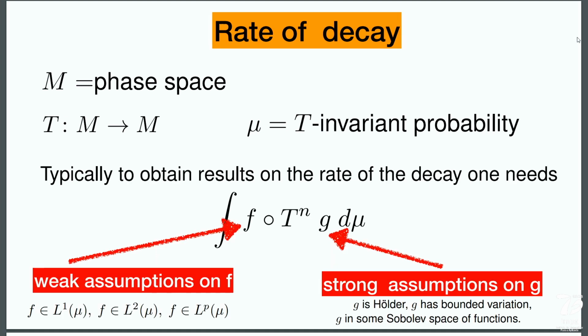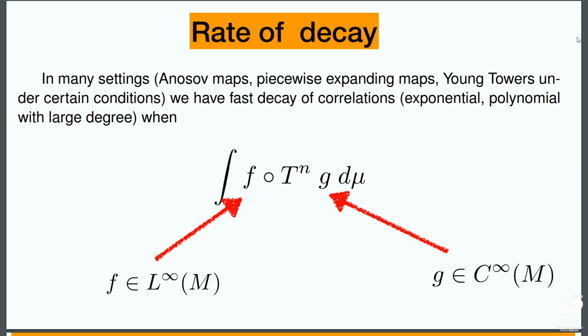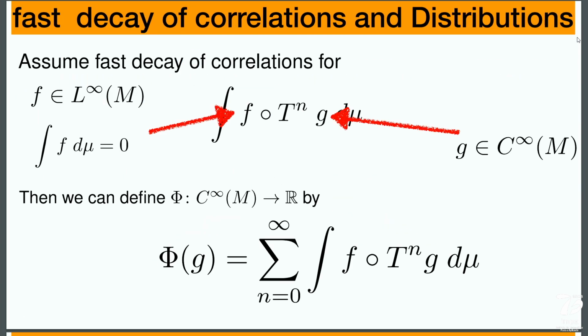So what you can do is define a distribution in the following way. You pick some C-infinity function G, multiply it by F, where you fix some bounded map F, and take this series. Because you have exponential decay of correlations, this converges, and you associate to each C-infinity function a number.